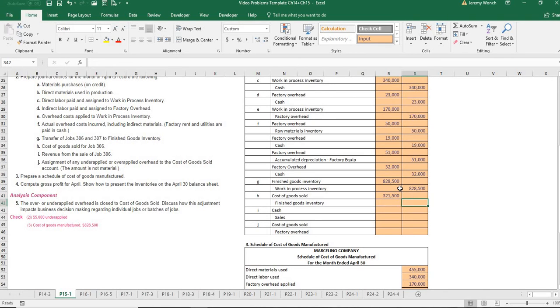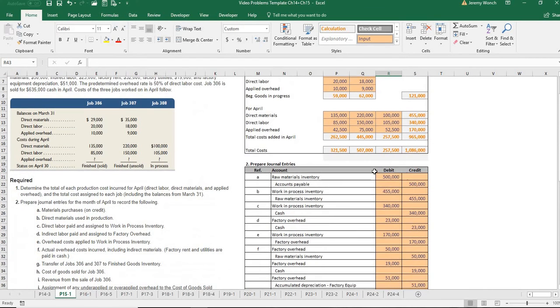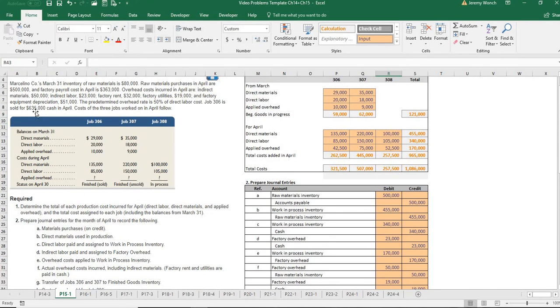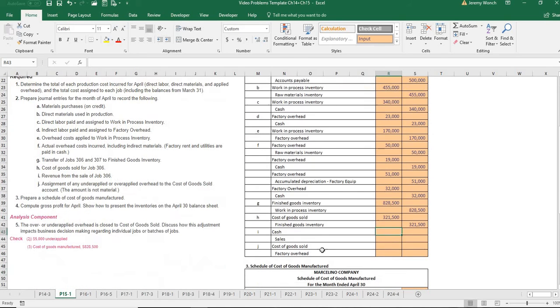So that was our cost of goods sold. And we need to book our revenue. Let's see, how much did we sell the job for? We sold it for $635,000. So we got cash for that in sales.